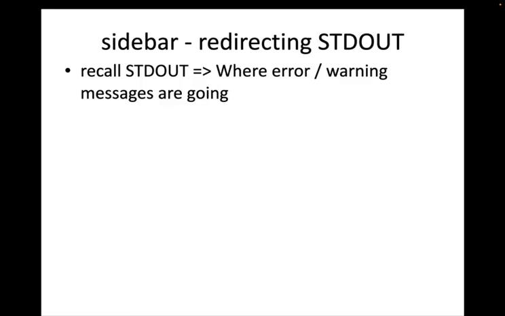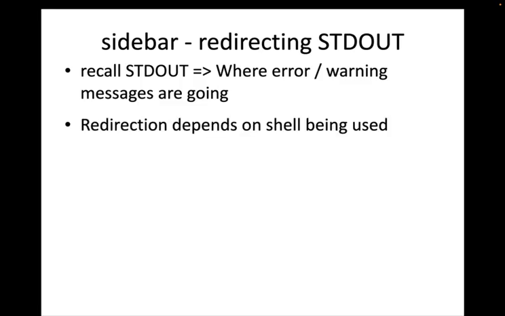Basically, we've talked about how standard error is wherever error and warning messages are going. Redirection of standard error depends on what shell you're using. So, kind of a sidebar within a sidebar. Unix has a number of shells.